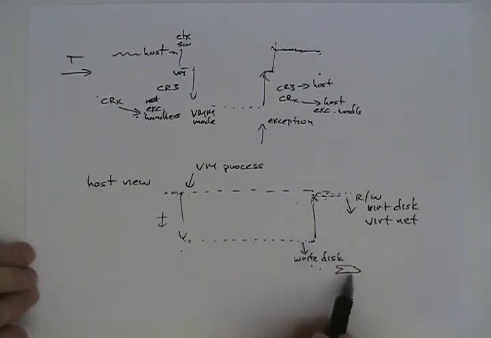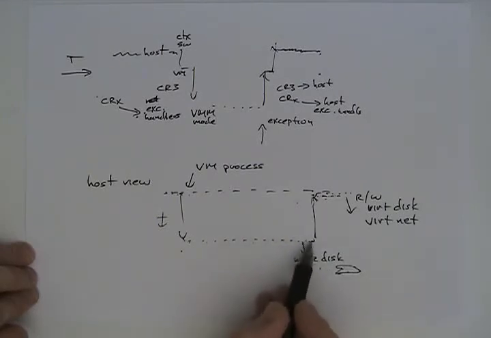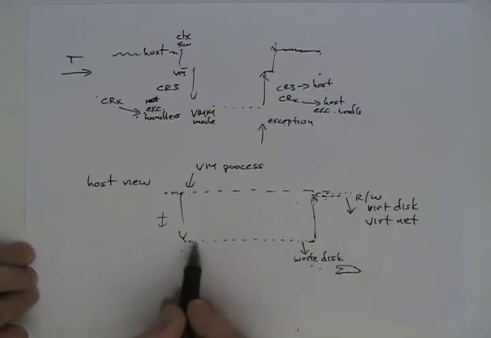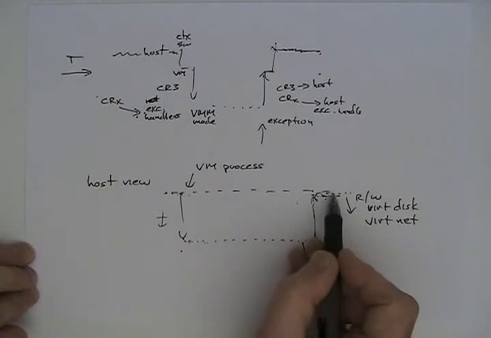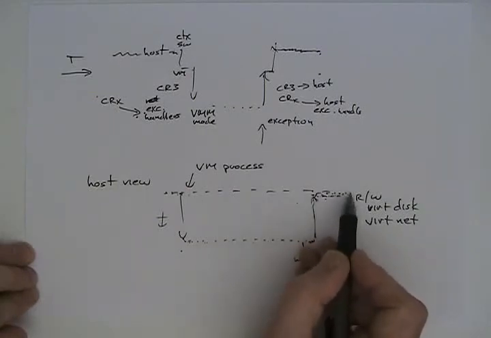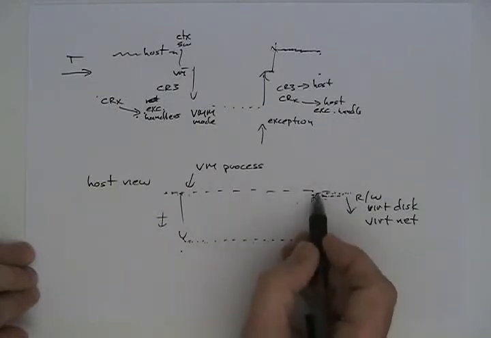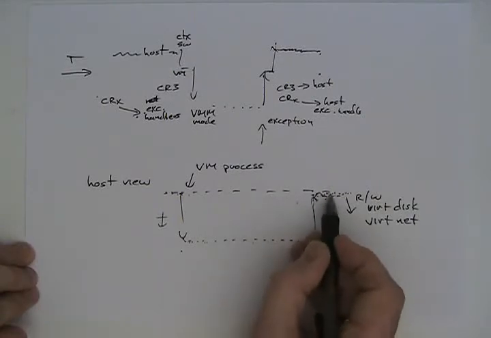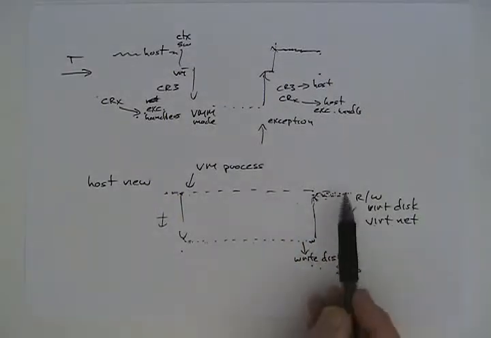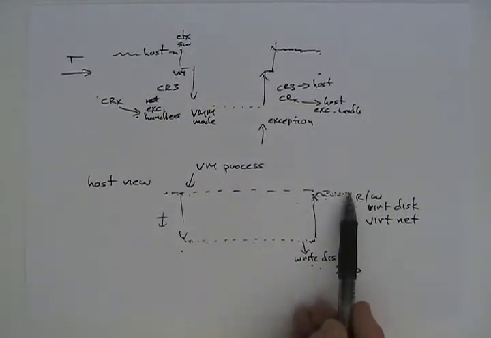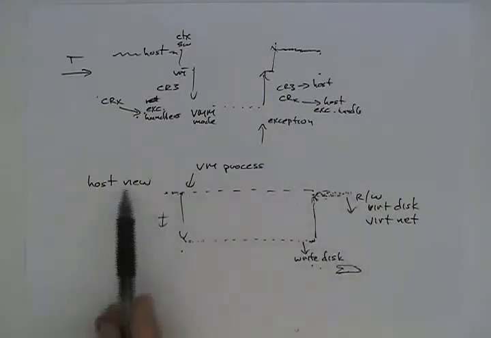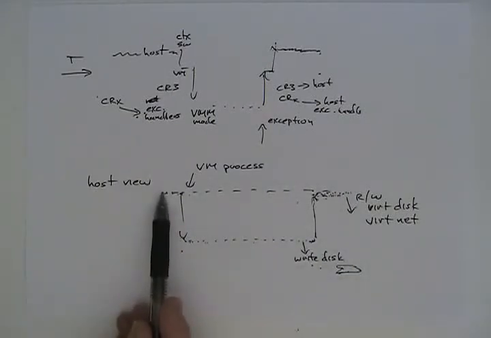So we have this communication back and forth between the hypervisor running in its own CPU state with a host OS process which is implementing the I/O for the virtual machine, and also pretending to be a normal process for the host OS.